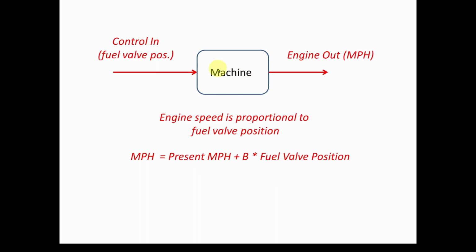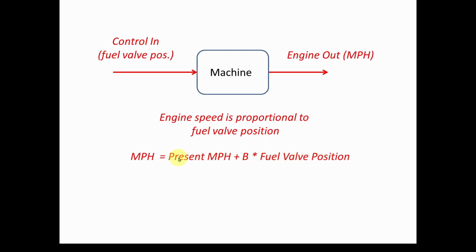How can we define what that future speed is going to be? Well, we know it's going to be a function of what the present speed is, plus some additional speed, either plus or minus, right? So if the present miles per hour is 0, the future speed is going to rely on this fuel valve position.